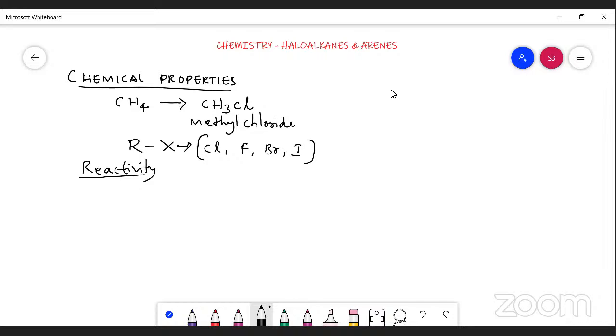Now it is understood how the bond is formed. I am drawing a single bond. The bond can be formed by the sharing of electrons between the two atoms. Here the carbon is 1 and chlorine is 1.